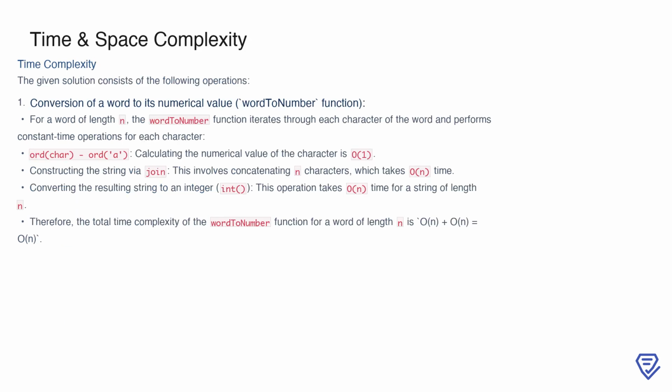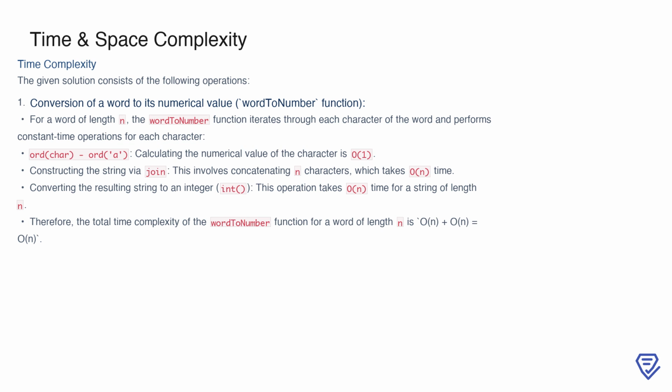To understand the time complexity of the solution, we begin with the word-to-number function, which converts a word into its numerical representation. For a word of length n, this function processes each character individually. Calculating the numerical value of a character, using operations like ord and char, takes constant time, or O(1).